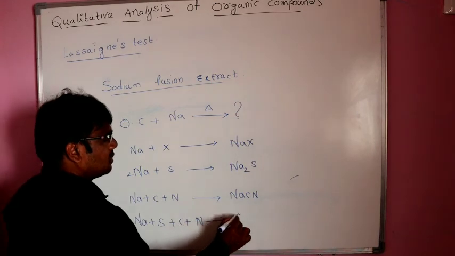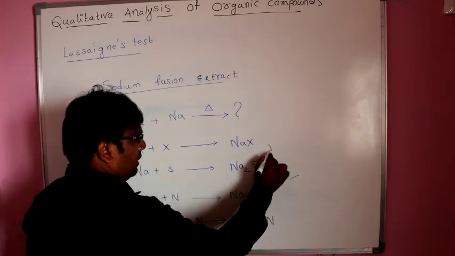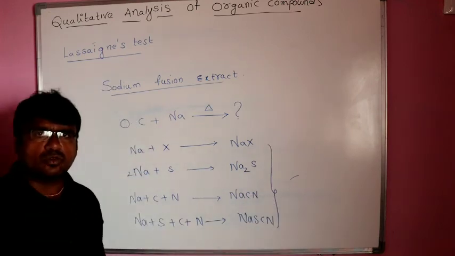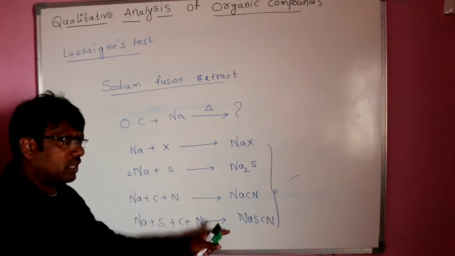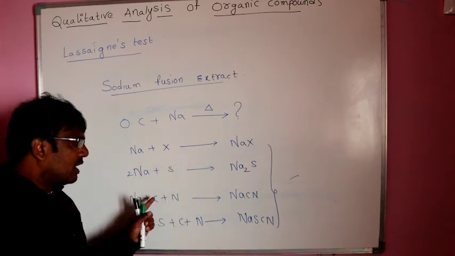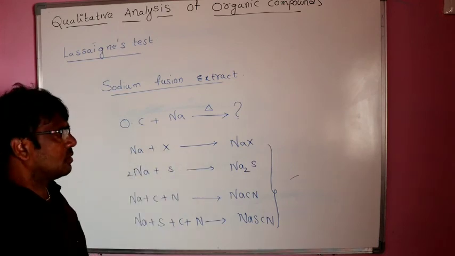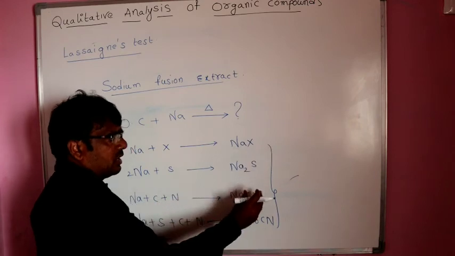This is NaSCN. So in this way, whenever an organic compound is heated with sodium metal, we are going to get this kind of ionic compounds. Covalent bonds are converted into ionic compounds. And we will collect whatever material we get.